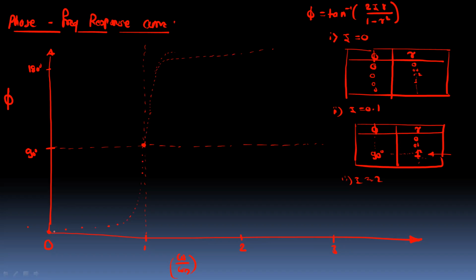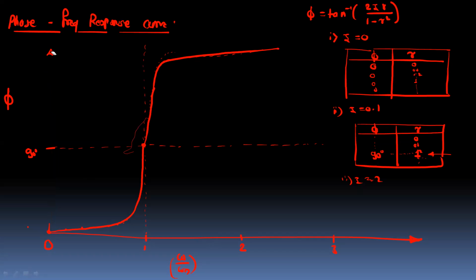So this is your first graph when zeta is 0.1. And this is 180 degree.